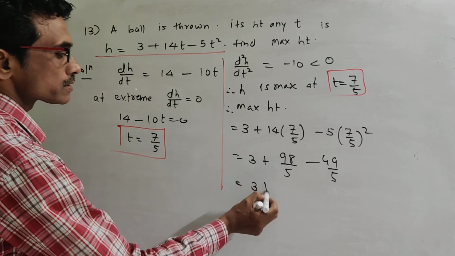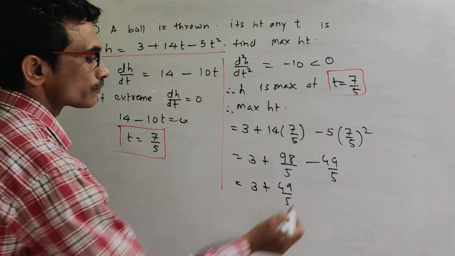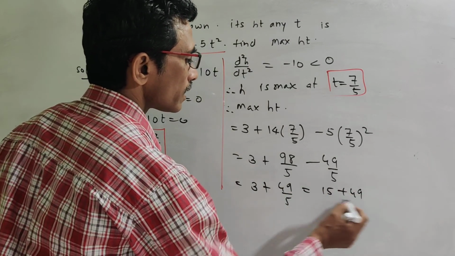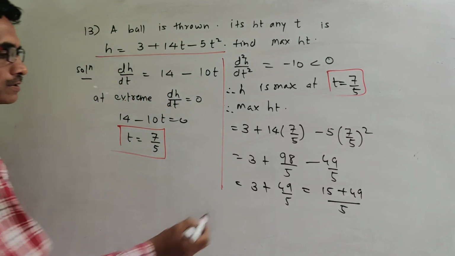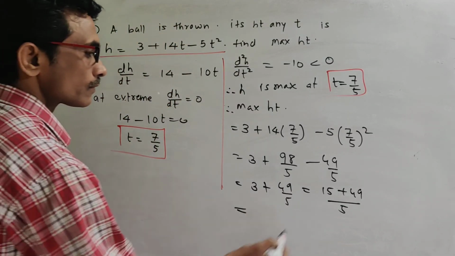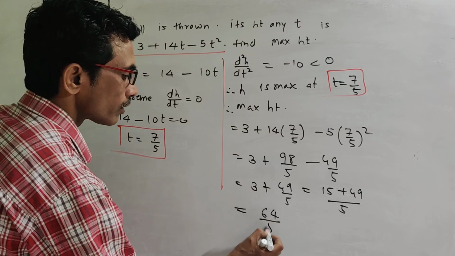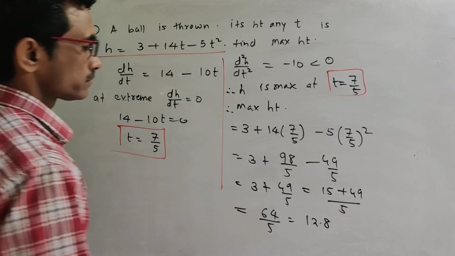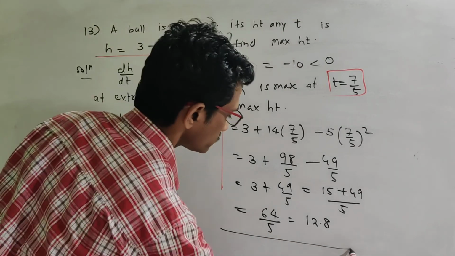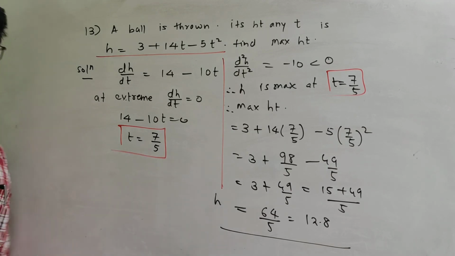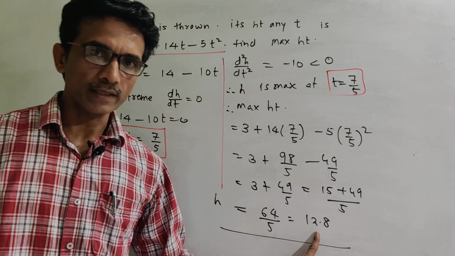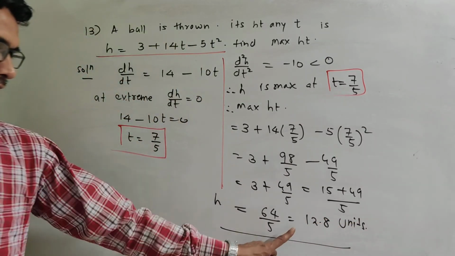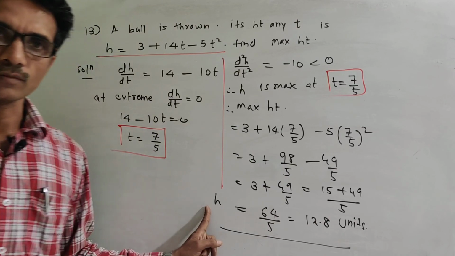So 3 plus 49 upon 5, we are getting 15 plus 49 upon 5, which is 64 upon 5, which is 12.8. So the maximum height of the ball will be 12.8 units.